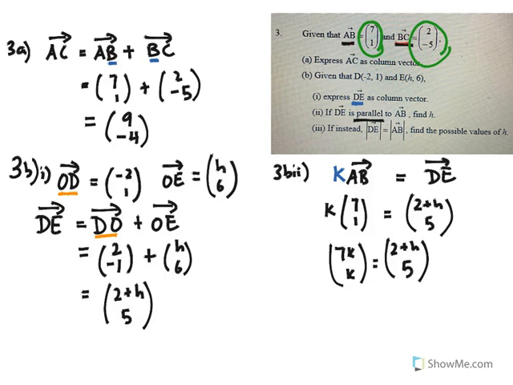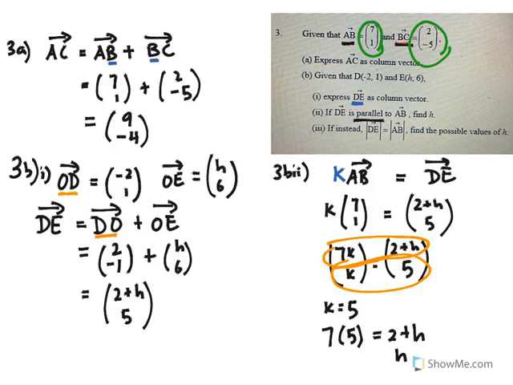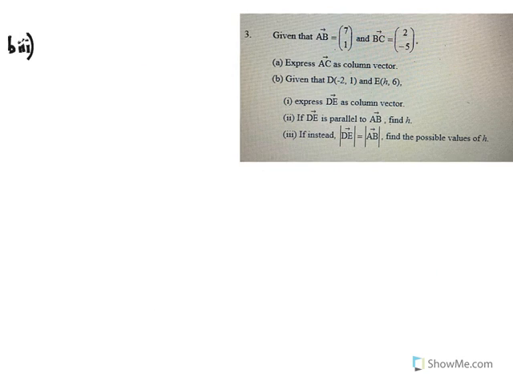So at this part you realize that I will have K equals 5 and 7K equals 2 plus H. So you know that K equals 5. So now you substitute this back into 7K equals 2 plus H. So now you will just want to find H, therefore you will get 35 minus 2 equals H, and H equals 33. And you are done with part B.